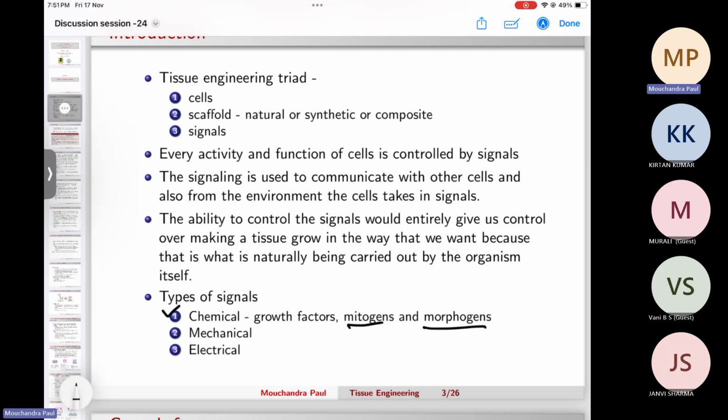And there are other types of signals as well, like mechanical, that we already saw, how cells can respond to mechanical signals. That is called a new field, mechanotransduction. And cells can also respond to electrical signals, which we didn't see previously, but it is possible. But in today's class, we will focus on delivering chemical signals only, that is delivery of growth factors into our tissue engineering construct.